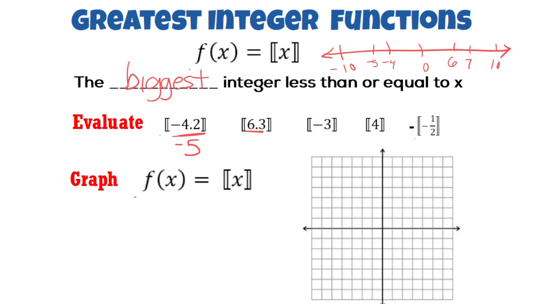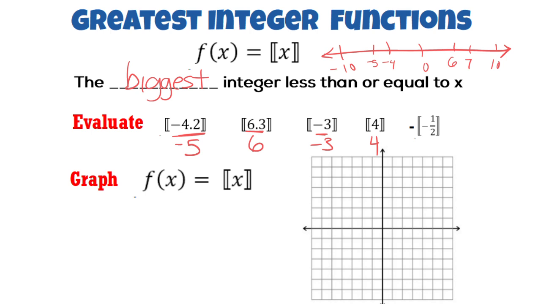So right here, 6 is the greatest integer that's less than or equal to x. So I'd go 6. You're always going to go left, unless you end up with an integer itself, because it does say or equal to. If I give you an integer, then that is going to be the greatest integer that's still less than or equal to x. So same thing here: if I give you an integer, you just get that.